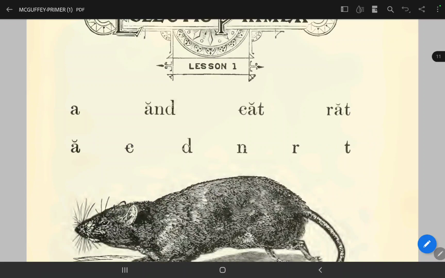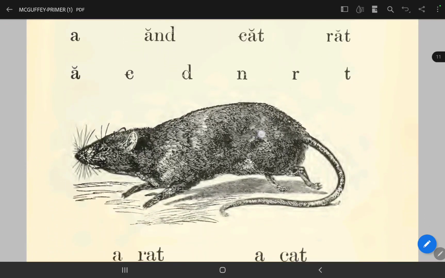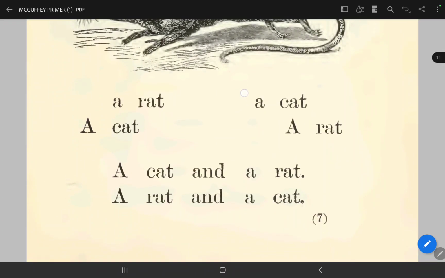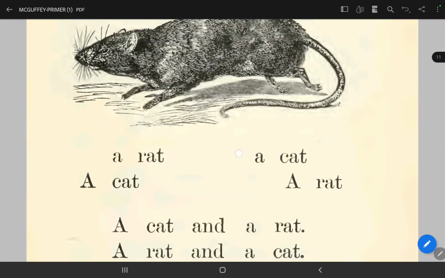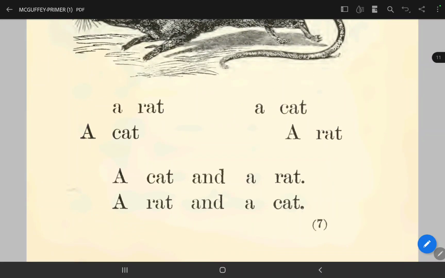So for this lesson, you will take these elementary sounds and combine them together to learn to write and to read words. Now let's move down to our sentences. Okay, so you can see your rat, and we'll move down to the sentences down here. Now, the first sentence right here, we have the one-letter word, A, and then over here we have R-A-T.